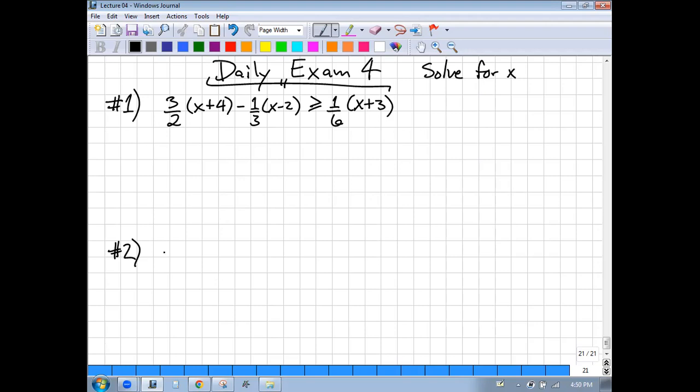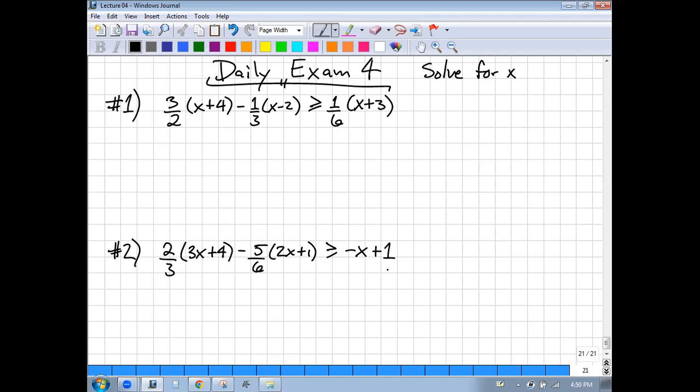And then 2/3 x plus 4 minus 5/6 of 2x plus 1, greater than or equal to negative x plus 1.